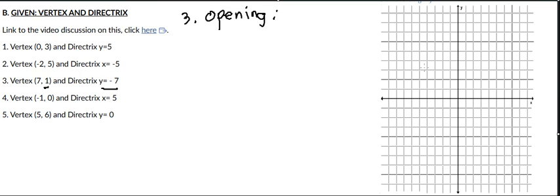The vertex is at 7, 1. So this is 2, 4, 6, and 8, and 7, 1 is here. This is where the vertex is. And the directrix, which is y equals negative 7, let me just locate that.